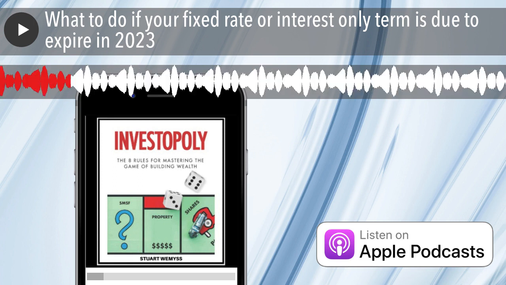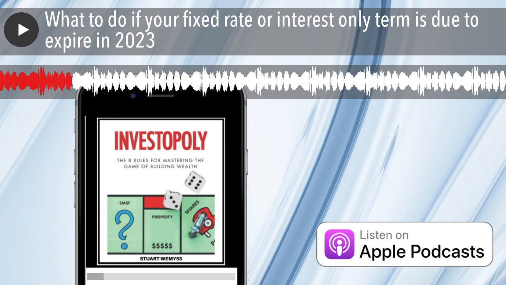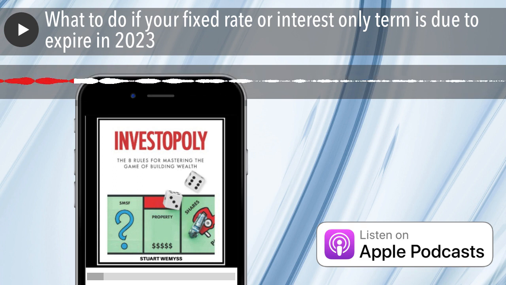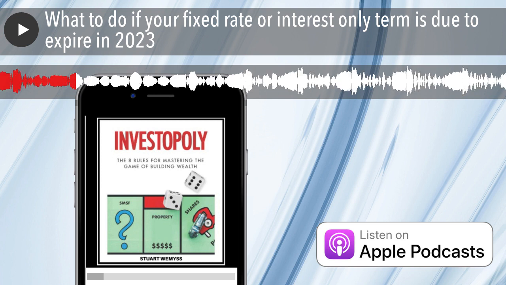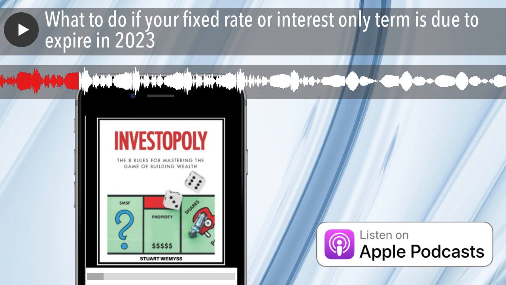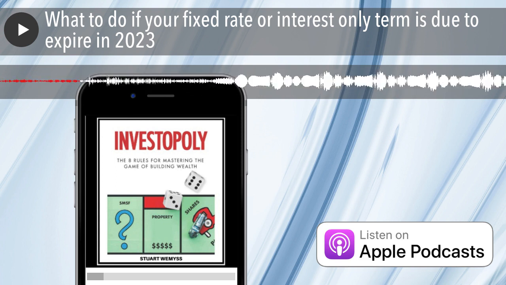When you have a look at forward rates, what we look for there is what bond rates are doing over 2, 3, 5, 7, 10 years, etc. It gives us an idea of what the market is pricing in terms of interest rate increases, and therefore how likely it is that we're going to get a good deal from a fixed rate perspective on a mortgage.